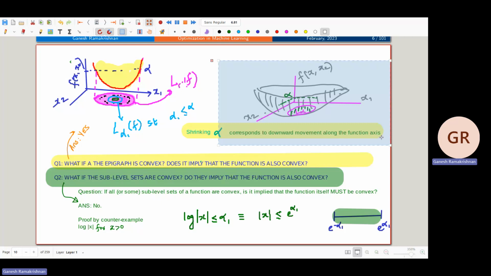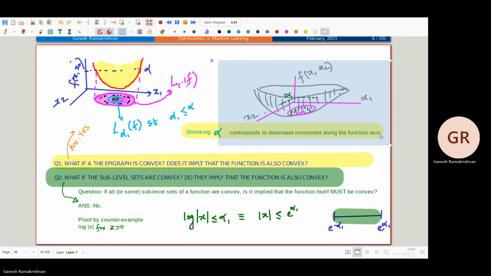So what if the sublevel sets are convex? Do they imply this function is also convex? Did you try proving this for any function, Gaussian, any homework attempts? It's a simple function. Take log of absolute value of x less than or equal to alpha. Do you see that each of its sublevel sets is convex? I have written on the board: log of absolute value of x is less than or equal to alpha if and only if absolute value of x is less than or equal to e raised to alpha.